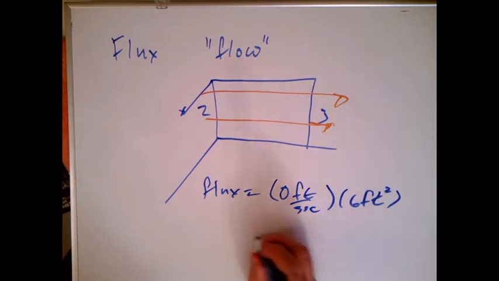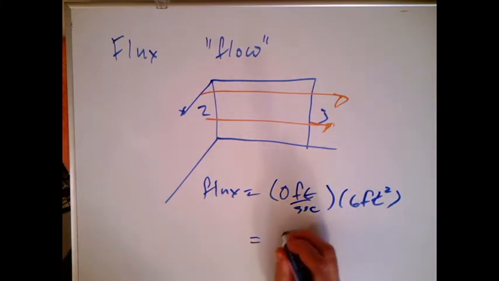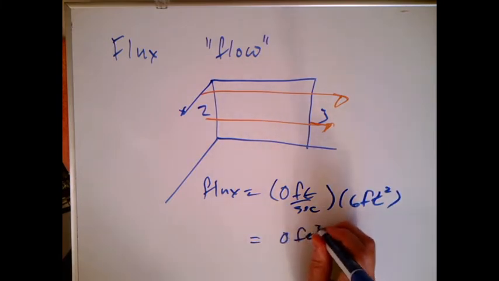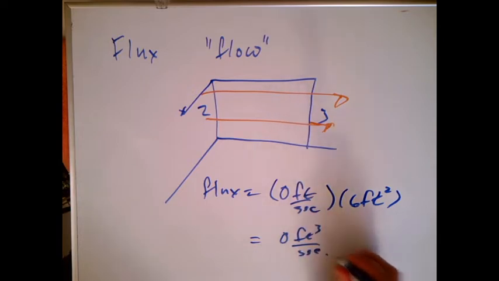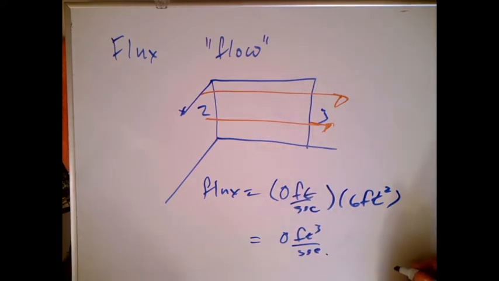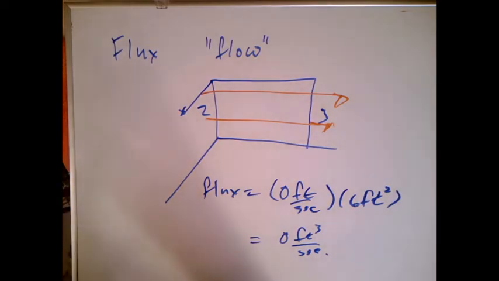So we would get a flux of 0 cubic feet per second. So we can see it's very important which direction the velocity vector is going and whether it's actually going in our direction at all.